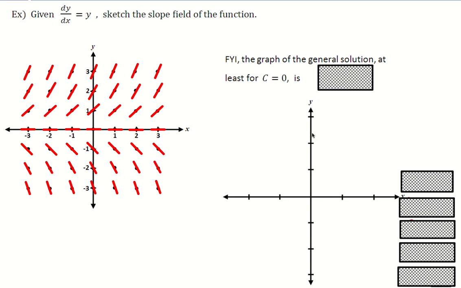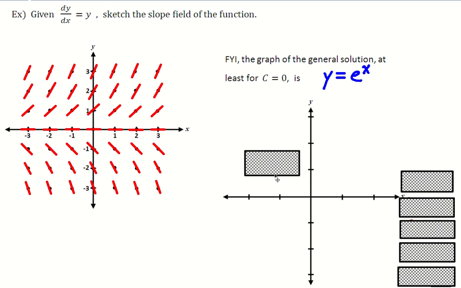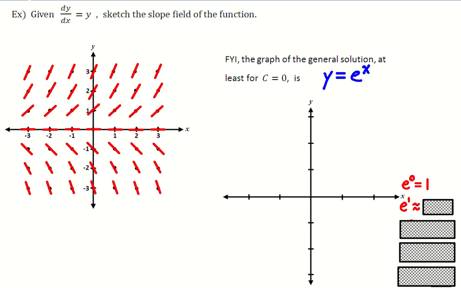FYI, the general solution here: for c equals 0, the particular solution is y equals e to the x. e to the 0 equals 1. e to the 1 equals about 2.72.